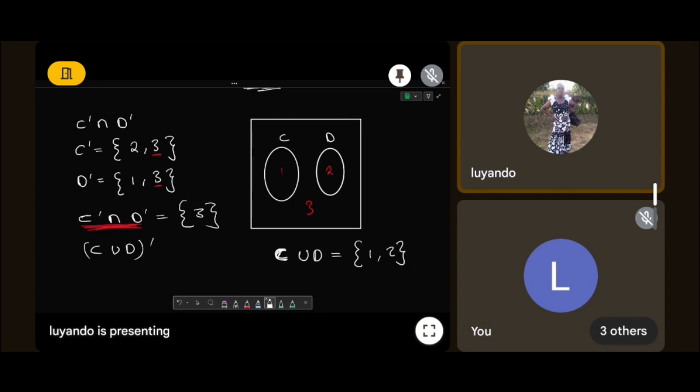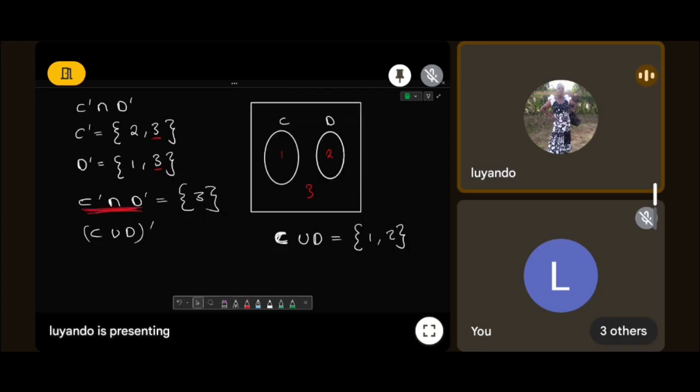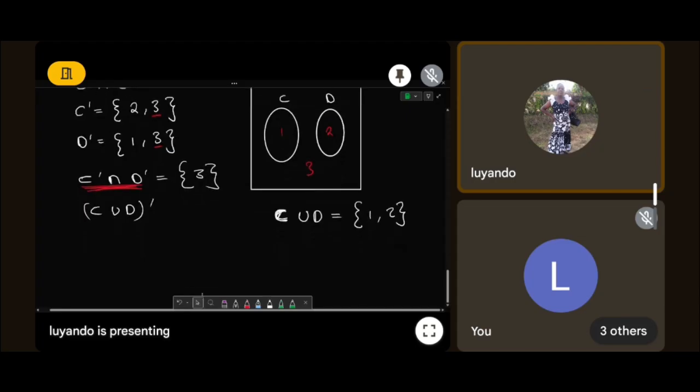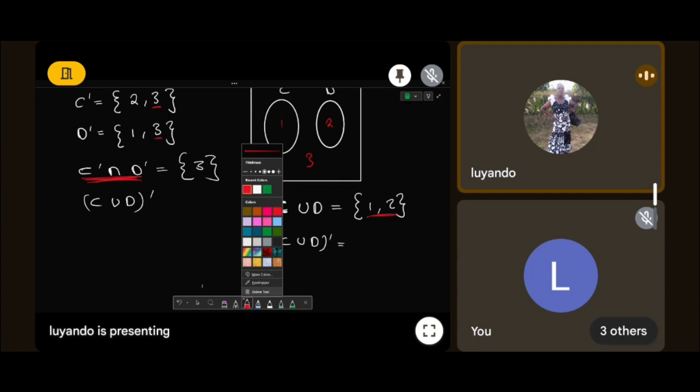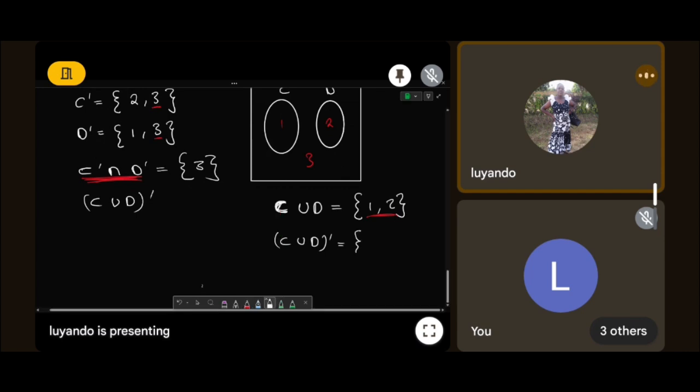If we take the complement of that, we find it's just the same 3 that we talked about.